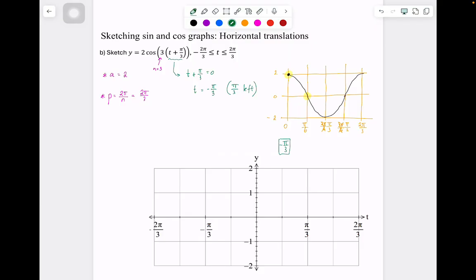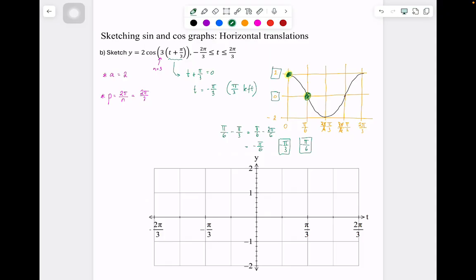And if we subtract pi on 3 from pi on 6, pi on 6 minus pi on 3, that is equal to pi on 6 minus 2 pi on 6, gives us a value of negative pi on 6, like so. So these will correspond with these coordinates here, with these respective y values.